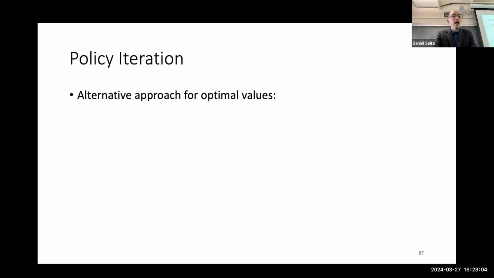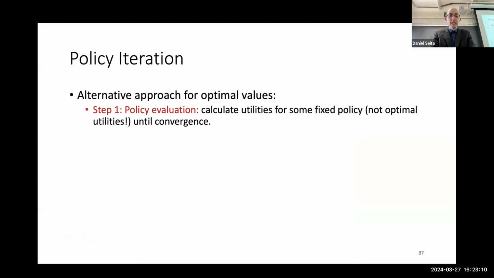All right. So policy iteration is an alternative approach for coming up with a good policy, or at least optimal values, I should say. So step 1 is policy evaluation. Calculate your utility for some fixed policy.